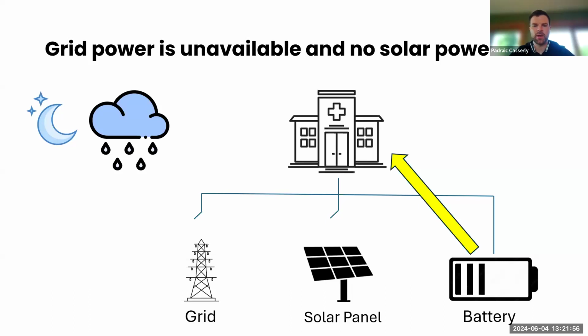But a good rule of thumb is if your health facility is experiencing power outages longer than 6 to 8 hours, then you should really consider a solar panel solution, incorporating solar panels into your electrical system in order to recharge the batteries and provide power when grid power is unavailable.